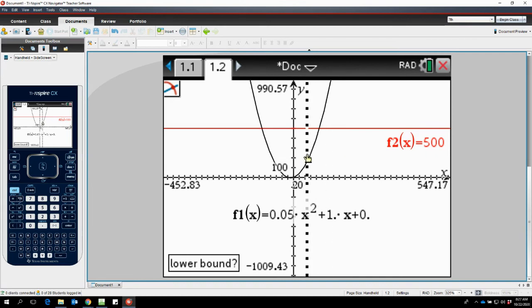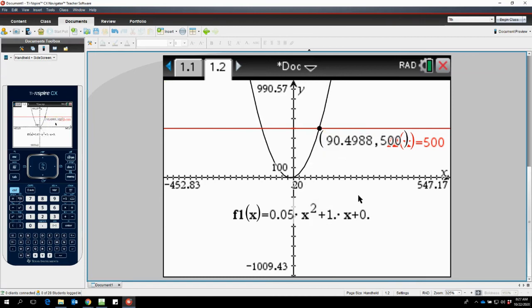Lower bound. Click. Click. There you go. So if the stopping distance is 500 feet, the speed is 90.4988. And remember, we only want to round to 3 decimal places. That was the wrong way. Minus.